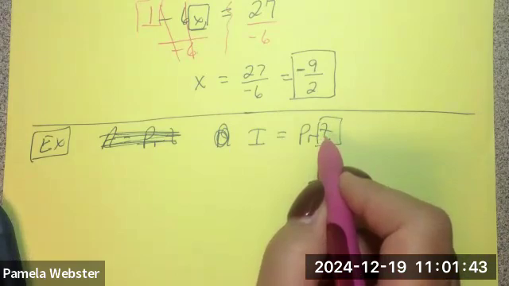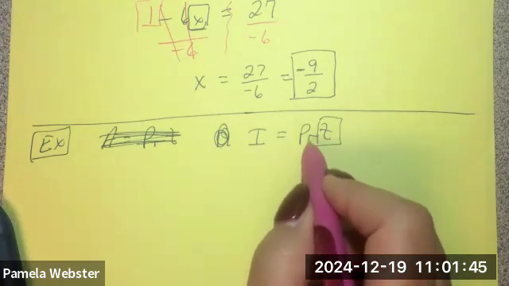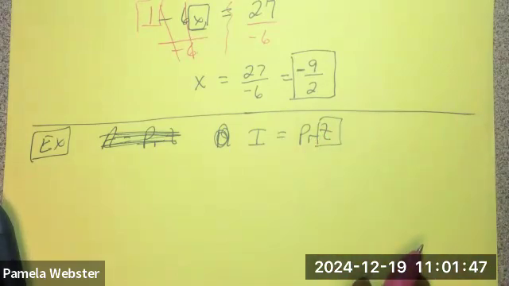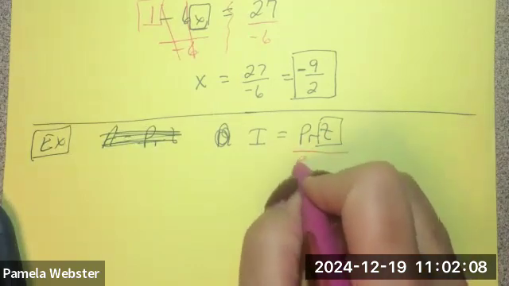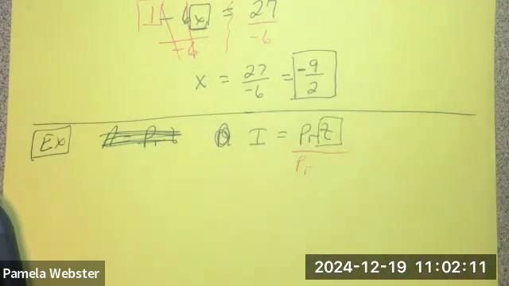I want the T by itself. What's happening to the T? Well, it's being multiplied by a P and it's being multiplied by an R. So as I look at it, I ask, what's the opposite of multiplication? Hopefully everybody can tell me the opposite operation is division. So I need to divide, and I can divide by both the P and the R at the same time.